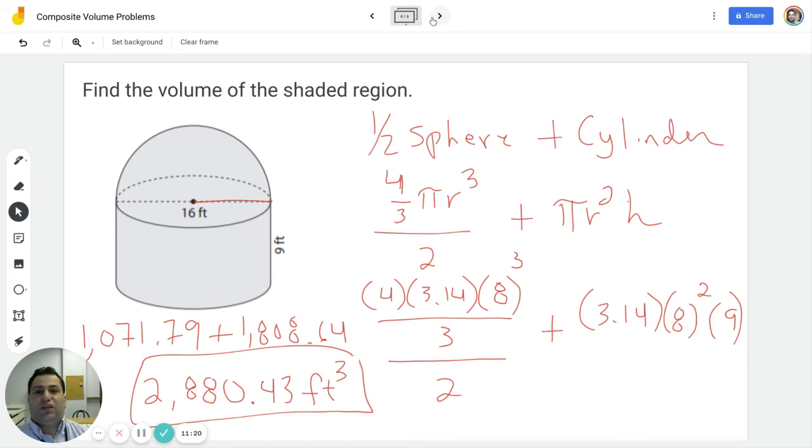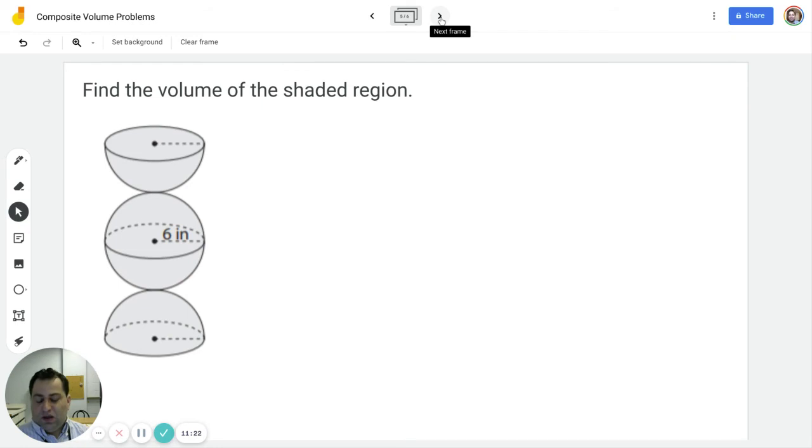Okay, let's try the fifth one. The fifth one, it looks like I have 2 spheres. So I have 2 half spheres and 1 whole sphere for a total of 2 spheres. So to get 2 spheres, I just have to do 2 times 4 pi r cubed divided by 3.